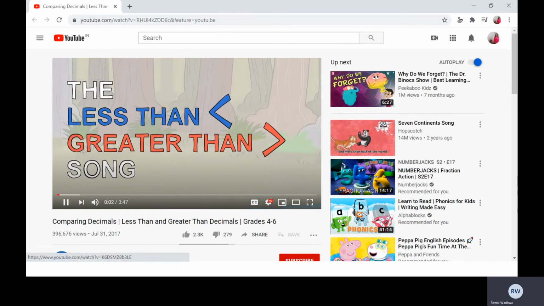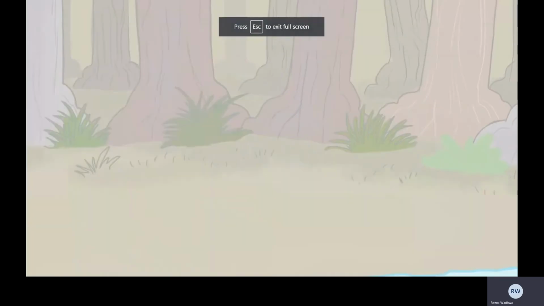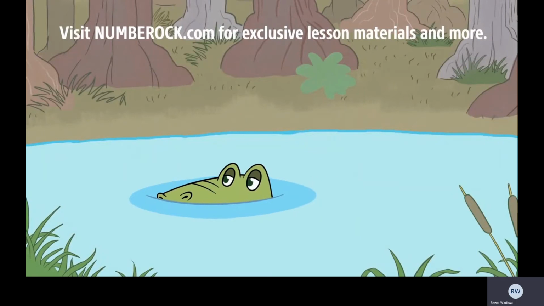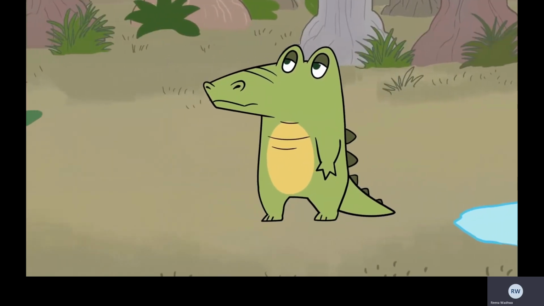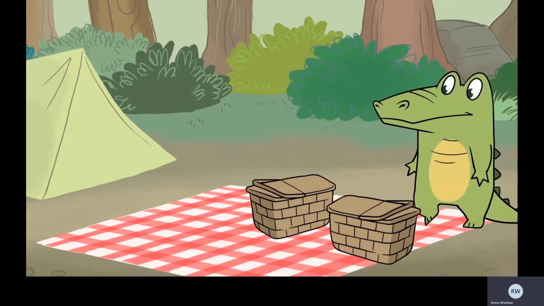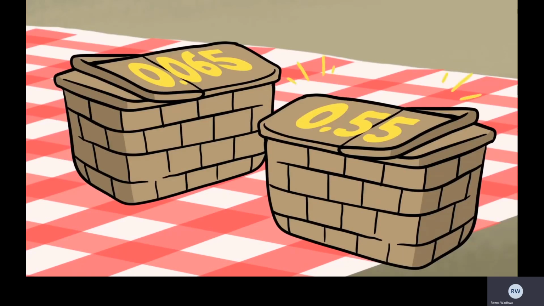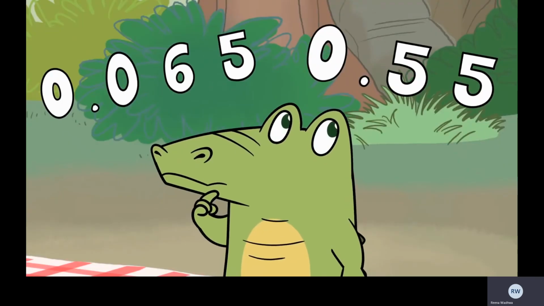Here we have an alligator, a hungry alligator who eats the greater number. Look at this alligator. Hundreds and thousands. The greater number is the alligator's preference.